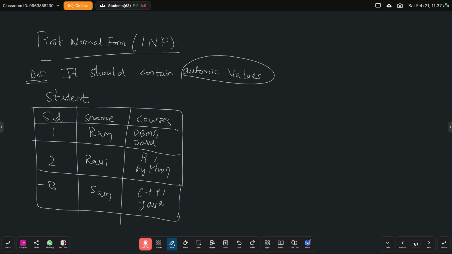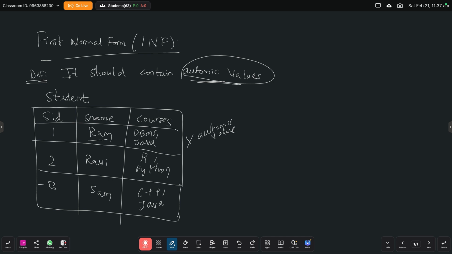So what is an atomic value here? In each row, how many values are present? For SID 1, the name is Ram, but the courses registered were 2 in a single row. Means this is not an atomic value.